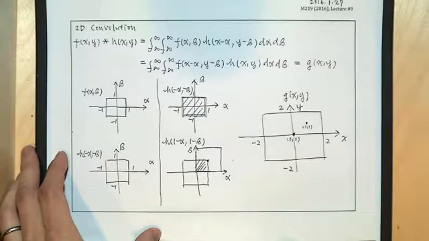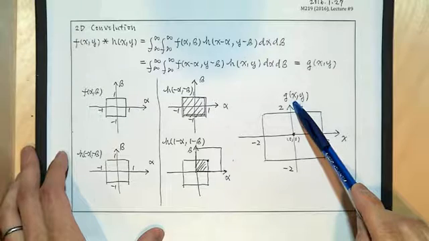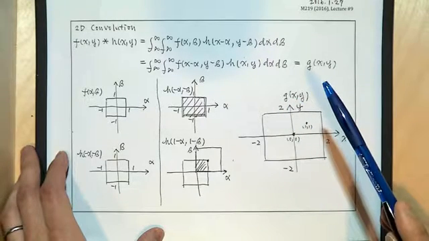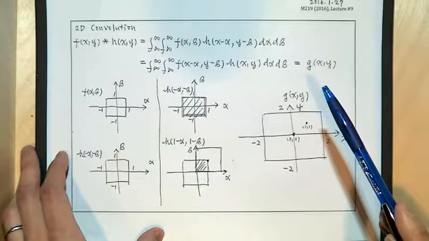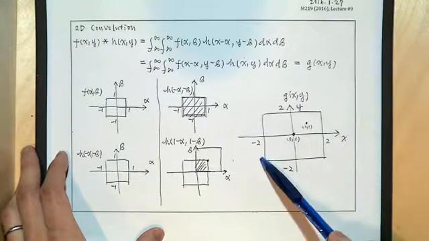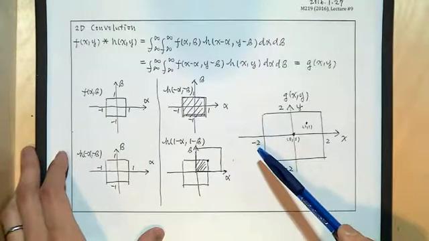Now let's look at the output. g of x,y is the convolution of f and h. We've learned from the 1D case that when you convolve two functions, the output is twice as wide. So I've pre-drawn an outer boundary that extends to twice the width of the input.